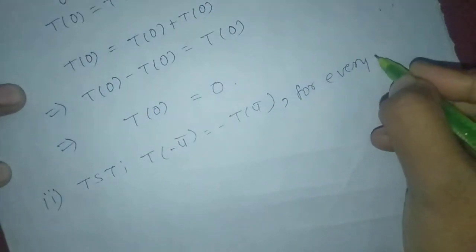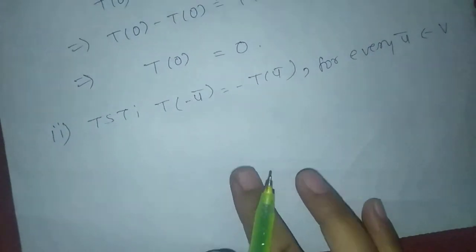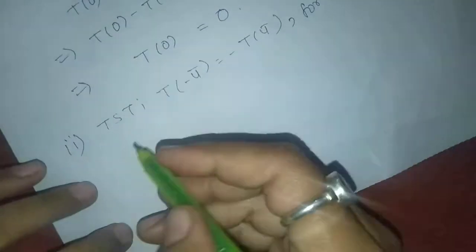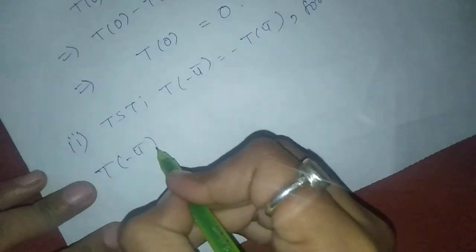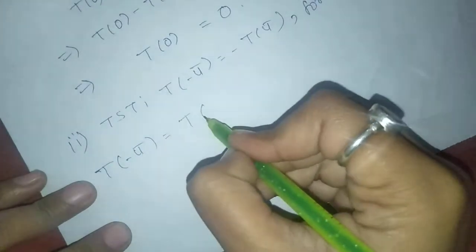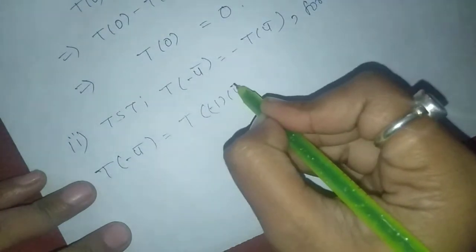Now second, to show that T of minus U bar equal to minus T of U bar for every U bar belongs to capital V. First consider the left hand side: T of minus U bar equal to T of minus 1 into U bar.